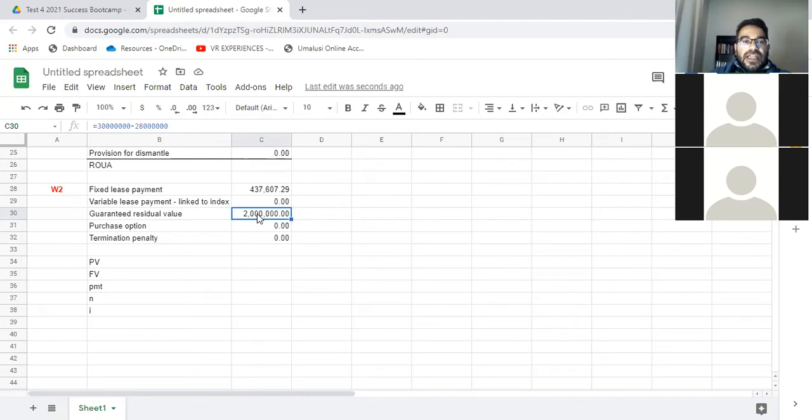What they're actually going to get at the end of the lease term, based on our estimate, is that when they sell that building, they will actually only get 28 million. What did we guarantee the lessor? 30 million. So because the lessor is only getting 28 million, for him to get 30 million, we need to come up with the extra 2 million. That is basically what we are telling him.